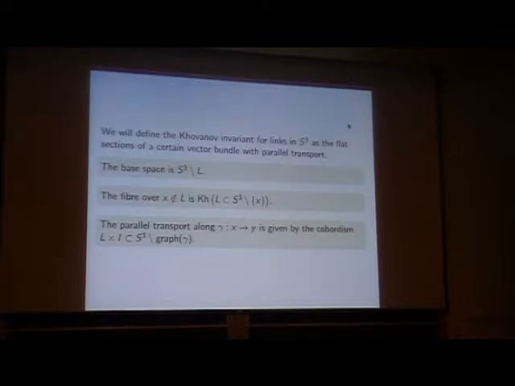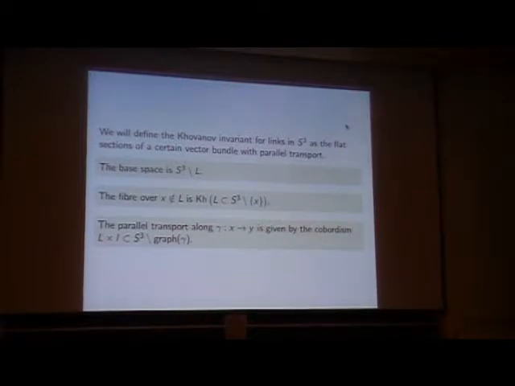And now I'll describe a parallel transport in this vector bundle. If you give me a path in the base, there's a path in the complement of the link. We can think about the link cross I in S3 cross I minus the graph of this path. Okay?